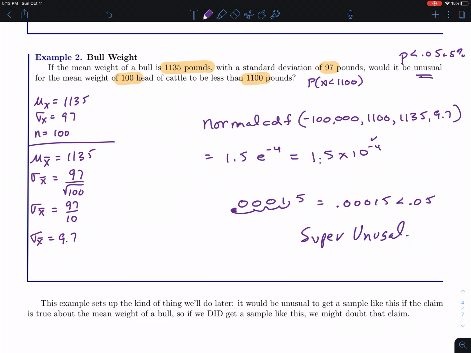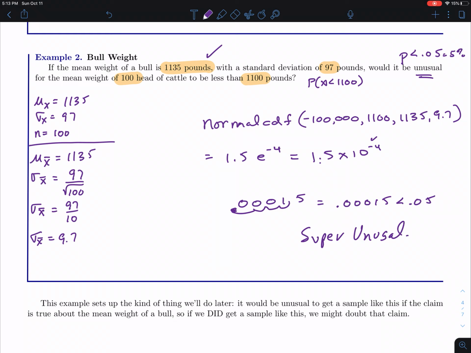One, either we got really, really unlucky with our sample and chose a bunch of skinny cows, or the original population mean of 1,135 must have been totally wrong to begin with. That's what happens when you see these super unusual scores.